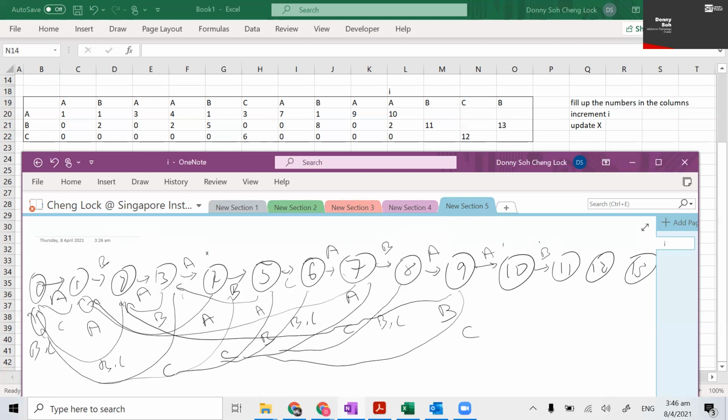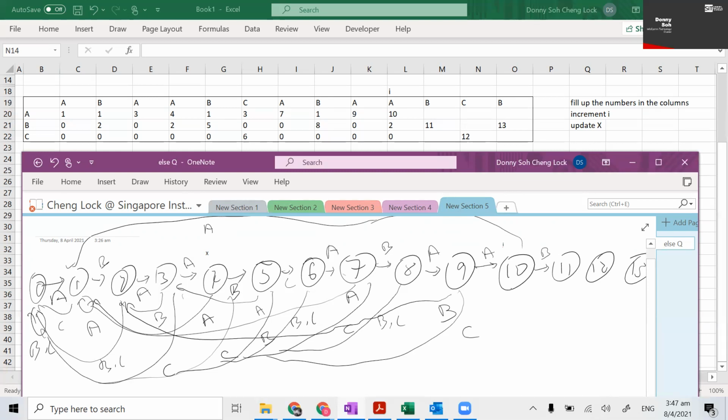If I see an A, it goes to state 1. So I'm going to draw on top because there's very little space. State 1 is A. If I see a C, where will it go to?